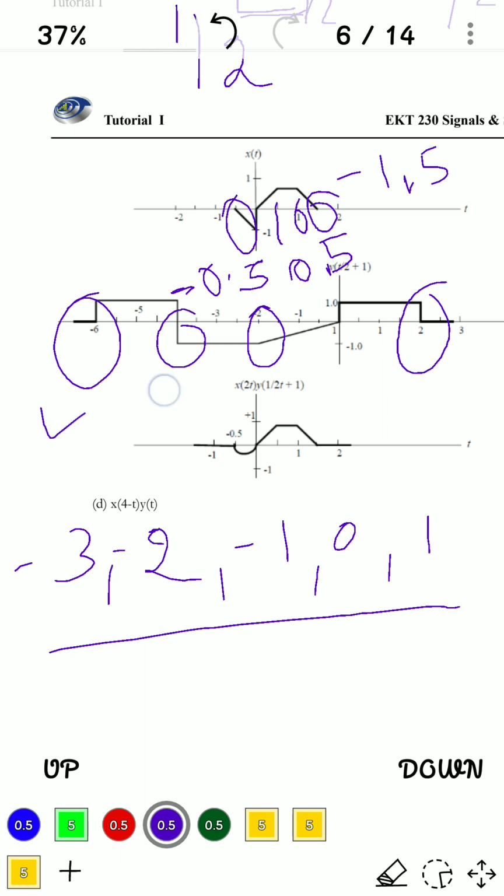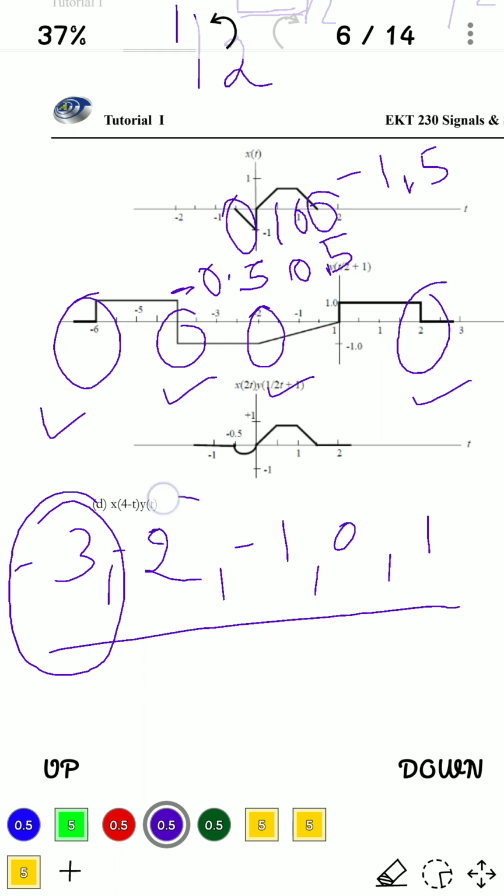So this was that particular time period, right? For this particular time period, if I divide it by 1 by 2, what is the resultant time period that I get?